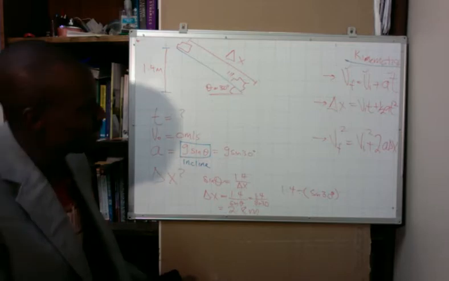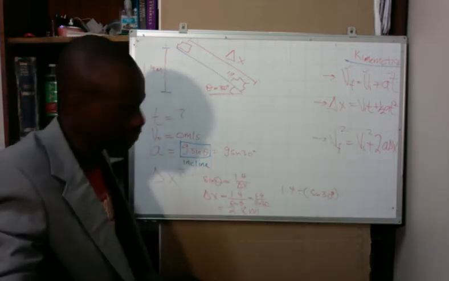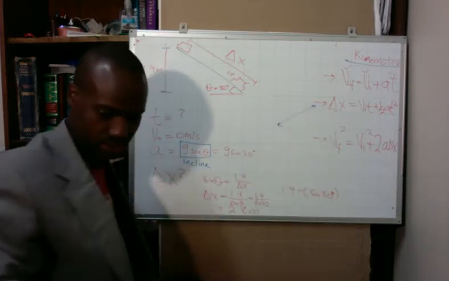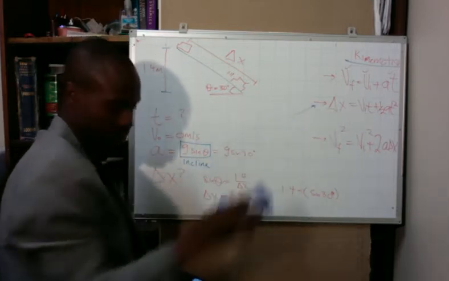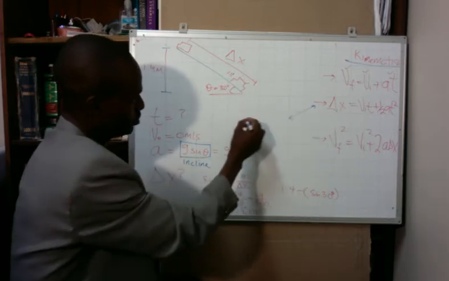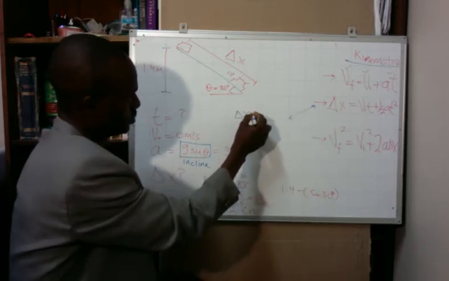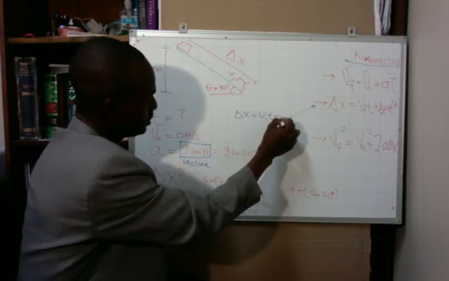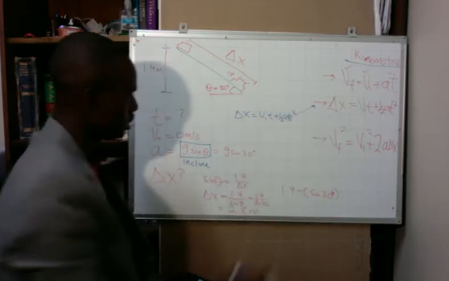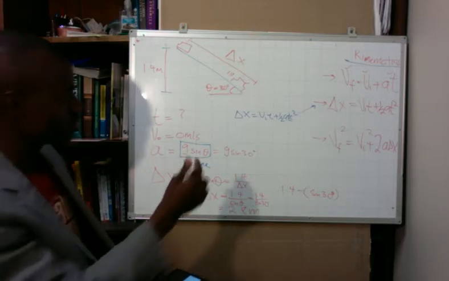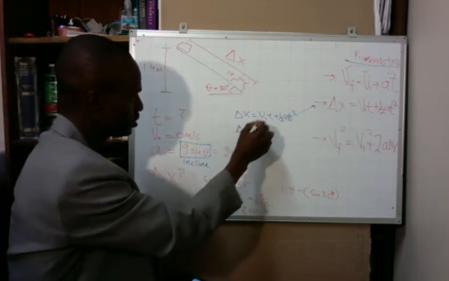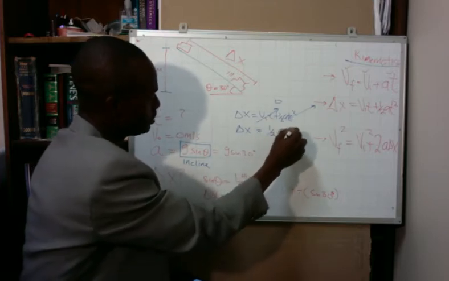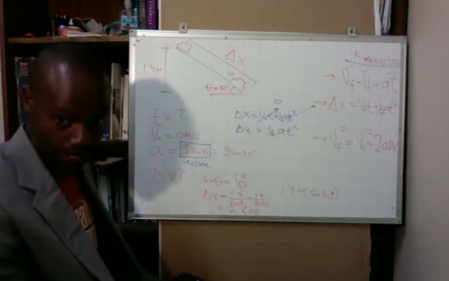So let's just go back to this equation real quick. If we didn't want to do a lot of work, we know that delta x is v initial times time plus half a t squared. The initial velocity here is 0, so this goes to 0, and delta x is half times a t squared, right?